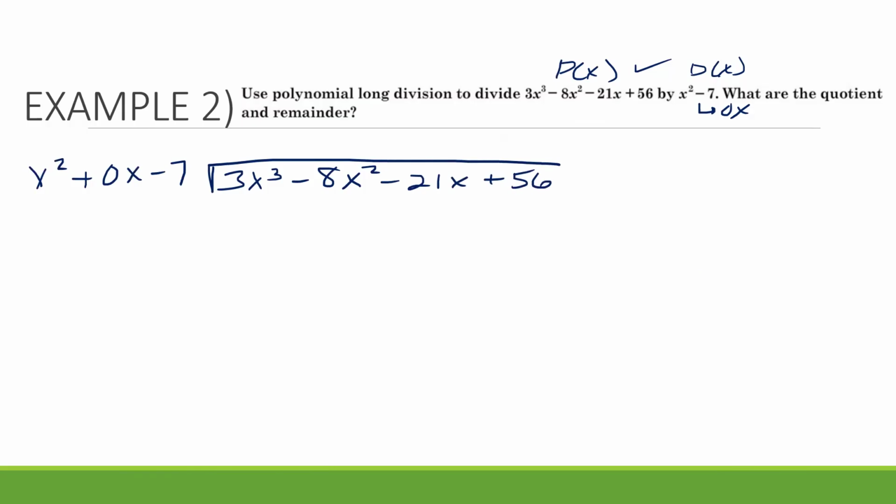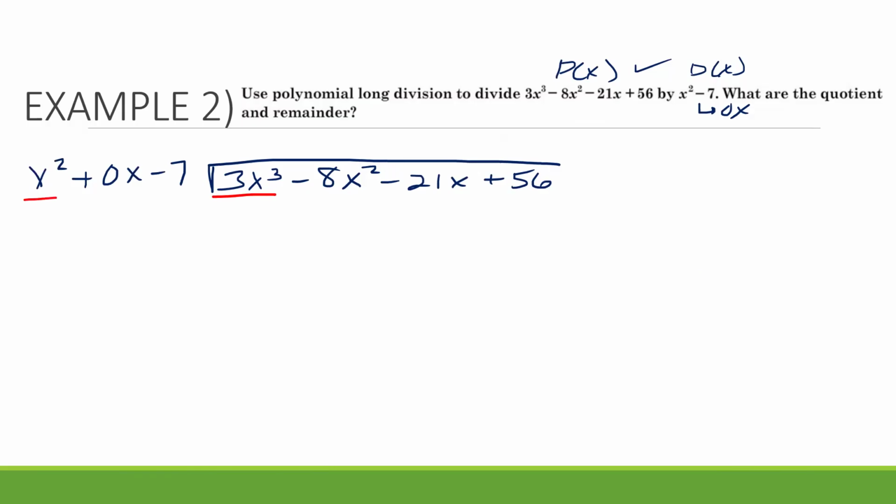Okay, I'm deliberately not showing you what I'm doing so that you would feel confident in going ahead or trying to do as much of it on your own, okay? All right, so we've set it up. That's step one. Step two is we start to do what? We divide. So we have our leading terms divided. 3x cubed divided by x squared.